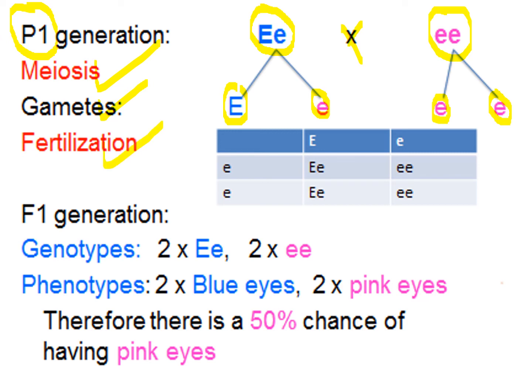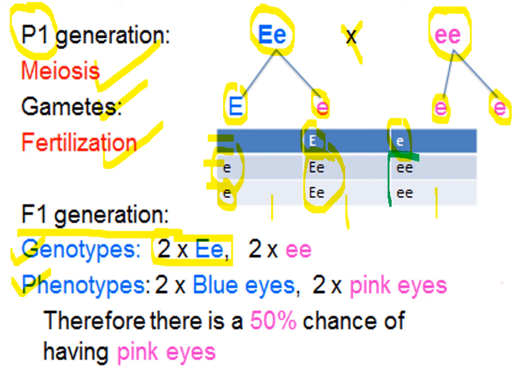Fertilization can then take place, and there is a possibility of the alleles meeting. And to look at that possibility, we draw a table of 3 rows by 3 columns, and we then cross the alleles in our gametes, as we can see. We then come to our F1 generation, which we have to express as a genotype and a phenotype. We can see from our table that we have 2 uppercase E, lowercase e, and that we have 2 lowercase e, lowercase e.